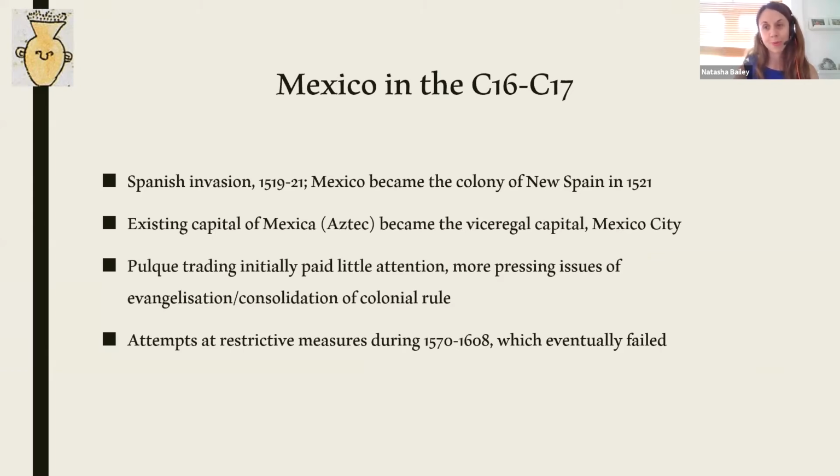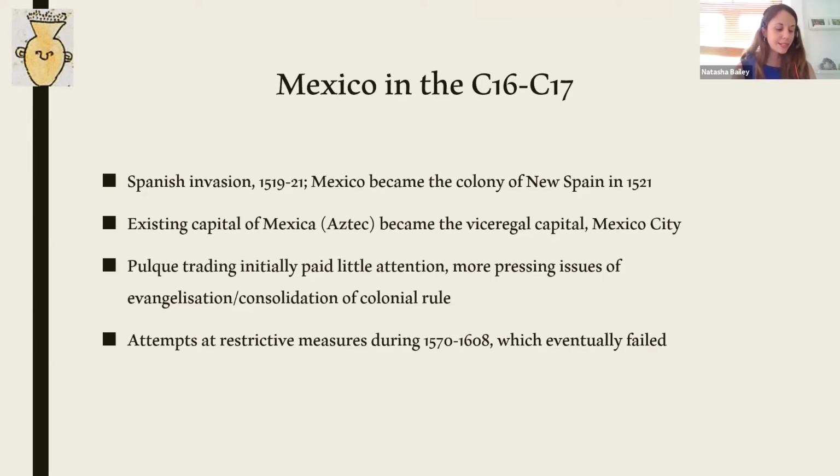And we've got various reports that people are still making pulque even though it's banned. Eventually the colonial government has to admit defeat, and the trade is legalized only for indigenous peoples in 1608. And even before the measure where it's restricted to indigenous peoples, these are the primary participants in the trade.